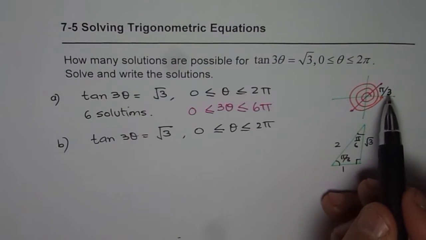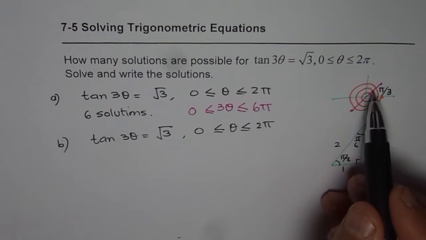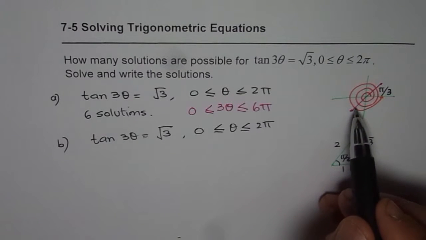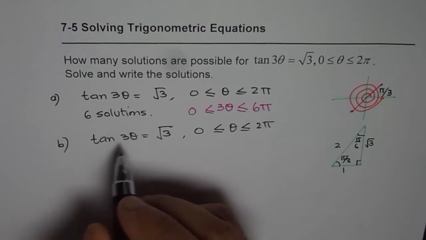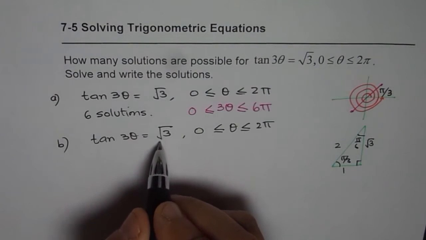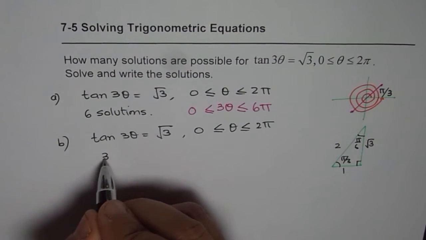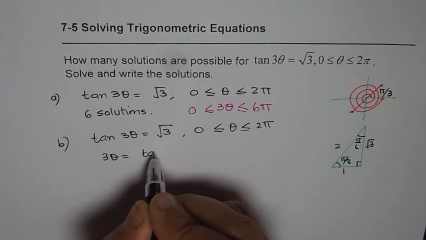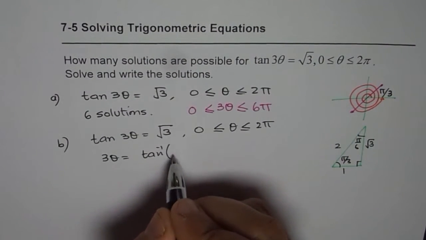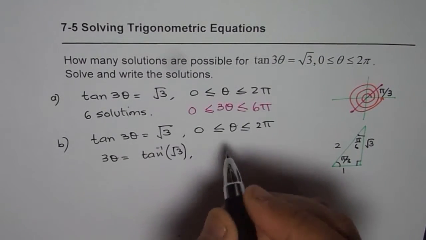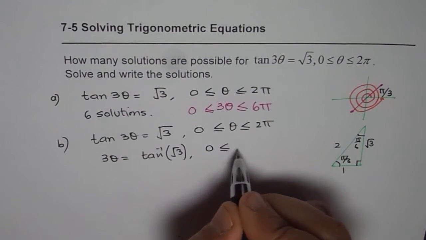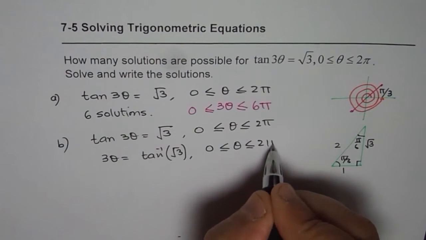Now this pi by 3 is the first solution, but we have a couple of solutions, right? So we can say tan 3 theta equals square root of 3. So 3 theta is tan inverse, so 3 theta equals tan inverse of square root 3, where theta is between 0 to 2 pi.